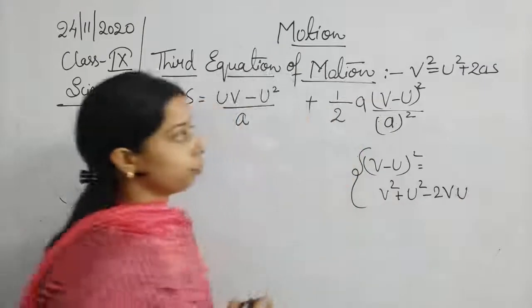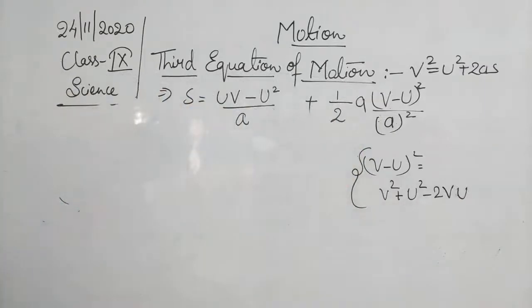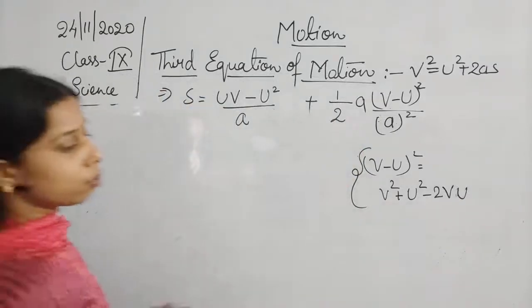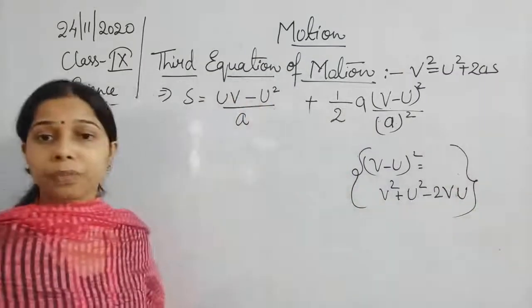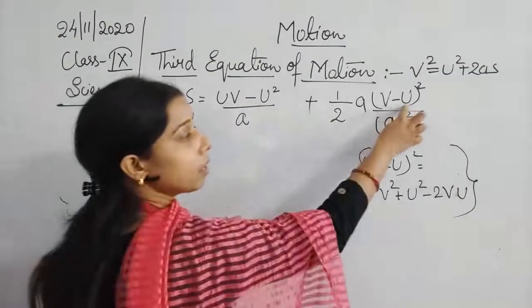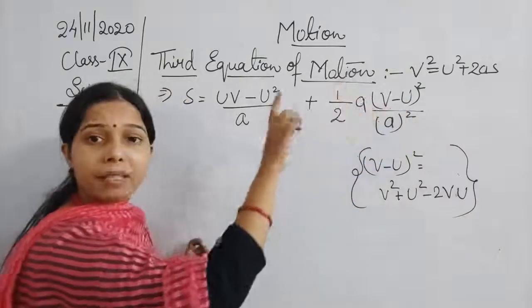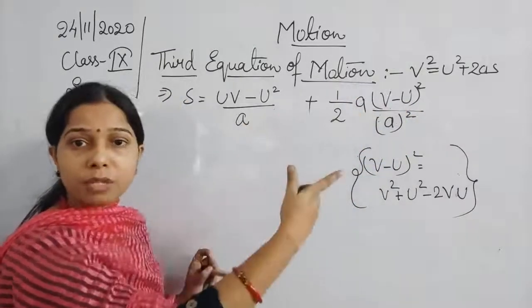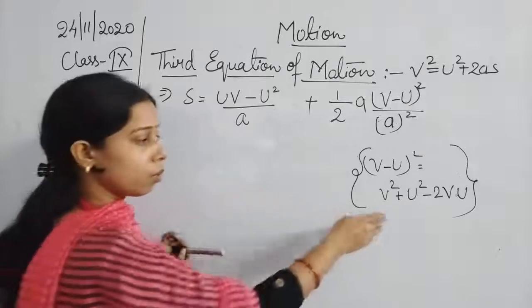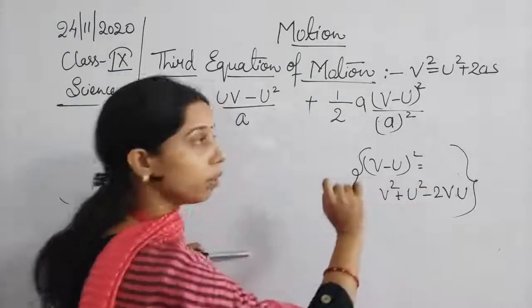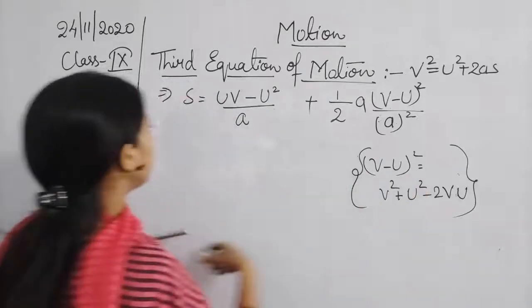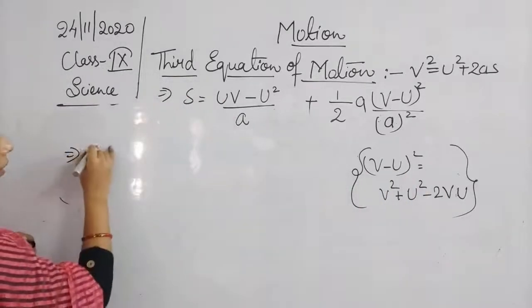This V minus U square will be like (a minus b) square, a square plus b square minus 2ab. So we can write it like this also, V square plus U square minus 2UV. So we can write it now.